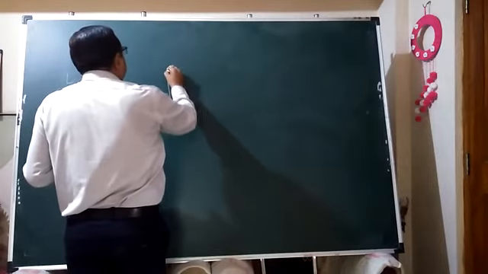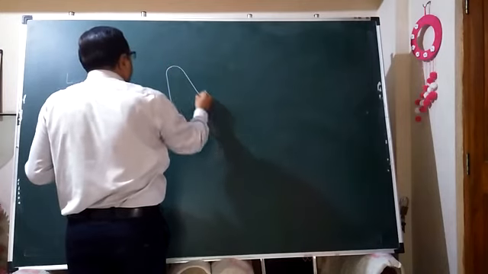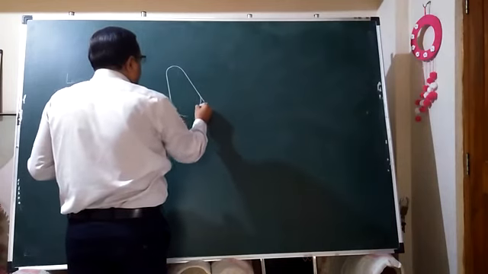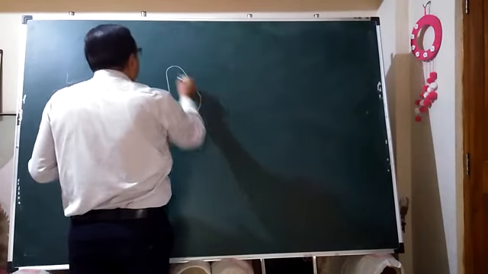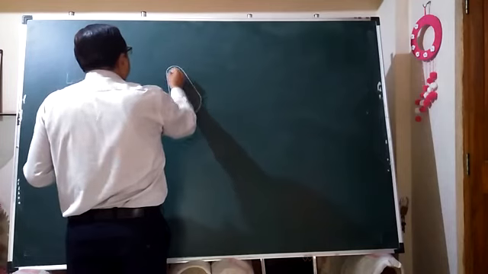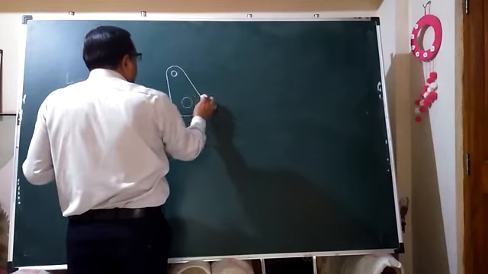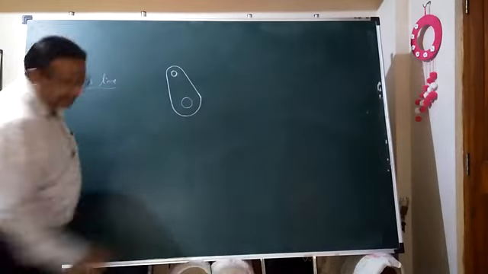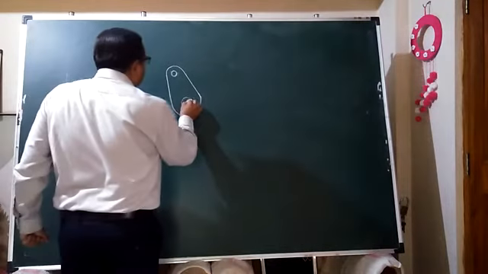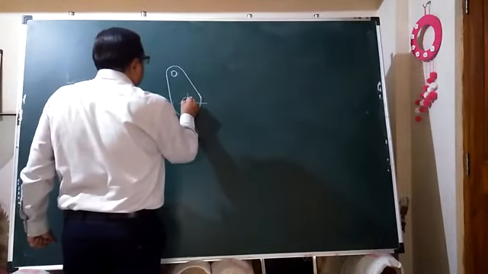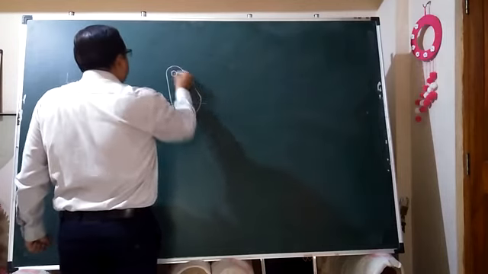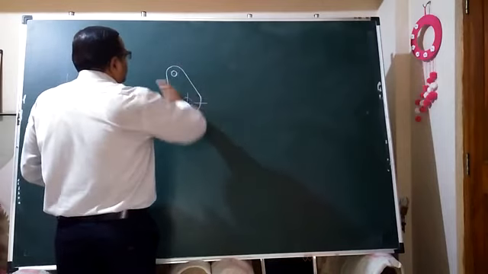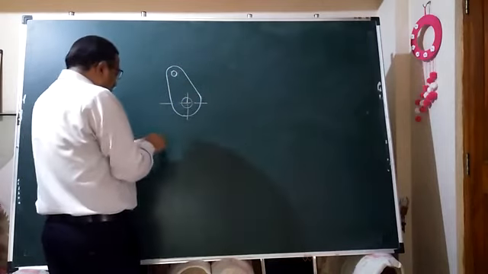Suppose such a kind of mechanical arm or lever is there. This is the center line, the fulcrum point we can see, and this arm tends to move or oscillate in this way about this center or fulcrum point.